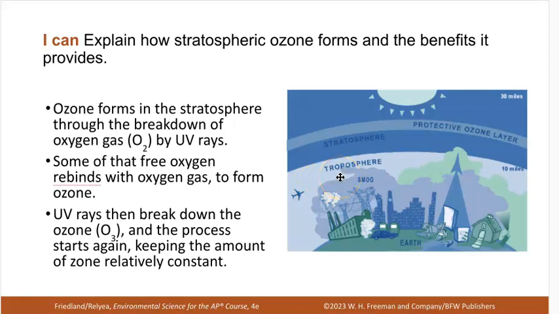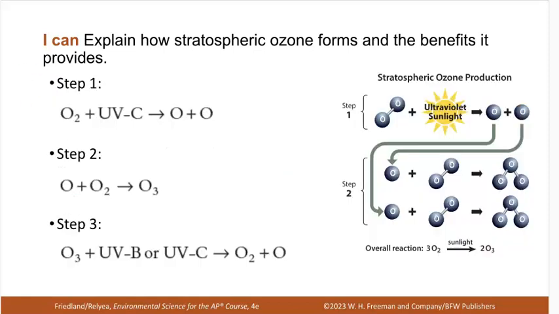So there's very few things. You have your gases up here getting into the stratosphere. But as humans, we're not interacting up there, but it does protect us from UV rays. Okay, so the oxygen molecule, O2, is broken up by UV rays, and some of that rebinds with free oxygens to form ozone. And let's go ahead and take a look at the next slide.